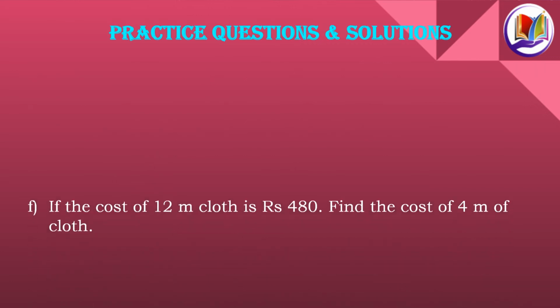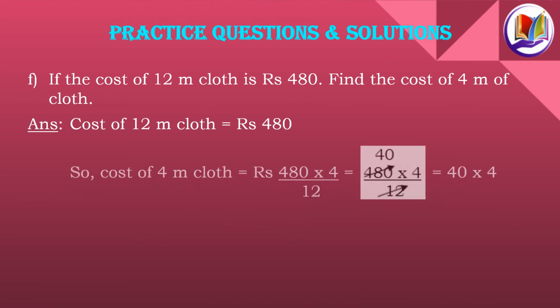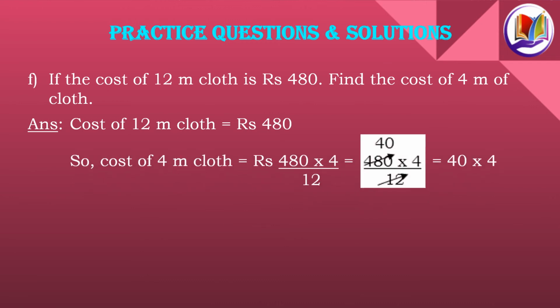Moving to the next question, children. If the cost of 12 meter cloth is rupees 480, find the cost of 4 meter of cloth. Well, initially we have been given cost of 12 meter cloth and we have been asked to find the cost of 4 meter cloth. That is less than what has been given in the question. So, whenever we have to find something less, we divide. So, cost of 12 meter cloth is rupees 480.